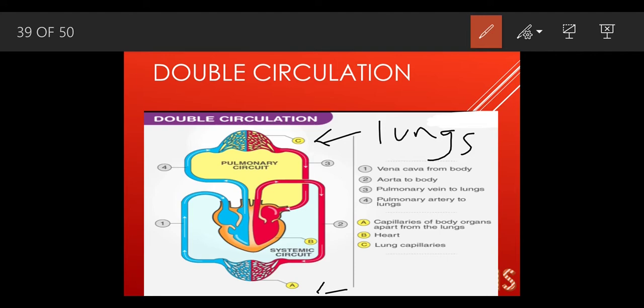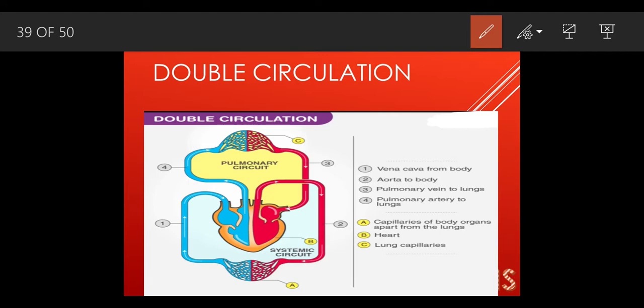A you can assume as the body part. And between the lungs and body, what is located? The heart is located. So many diagrammatical questions can be asked from this part.